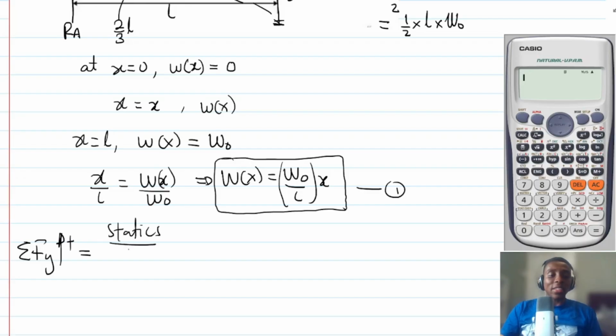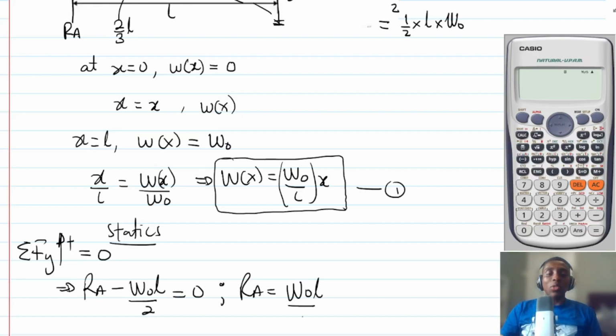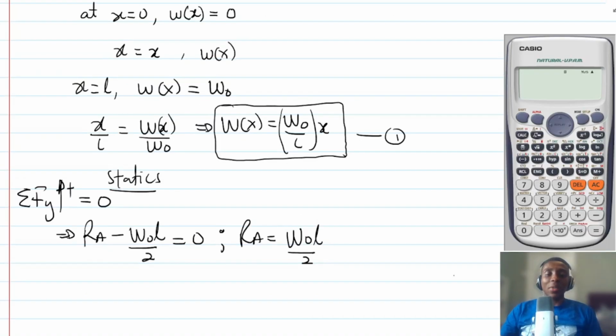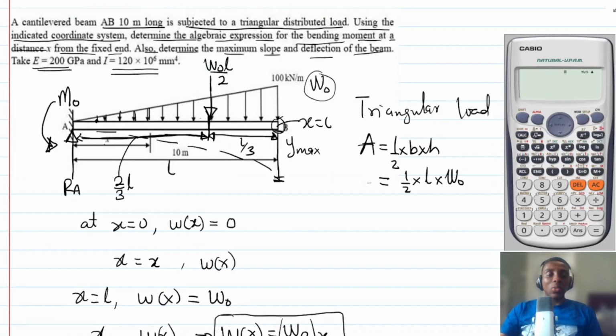We want to find the reaction. So it's equal to 0. RA is going up, but then W naught L/2 is coming down. So essentially, RA must be equal to W naught L/2. That's all. So if you have been asked to find the reaction, it is the same as the intensity of the load.